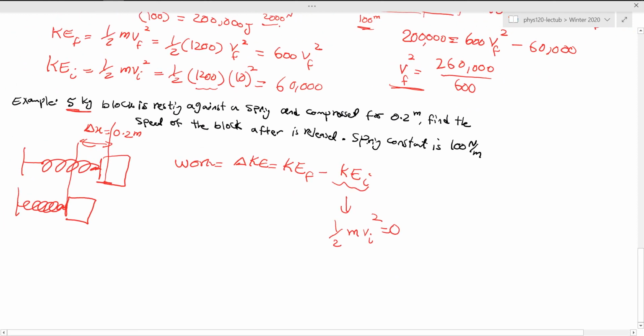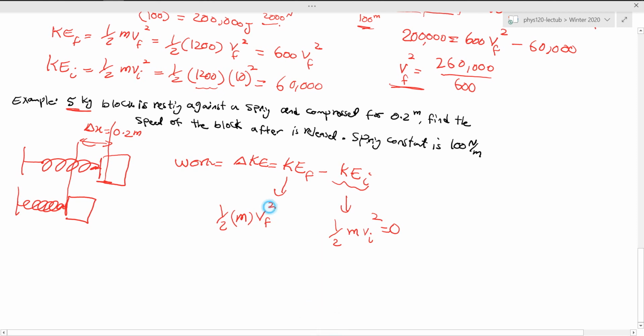And then for final, we don't know, right? For final, it's going to be half of m v final to the power of 2. And then that's going to be half of, the value for m is 5, Vf to the power of 2.